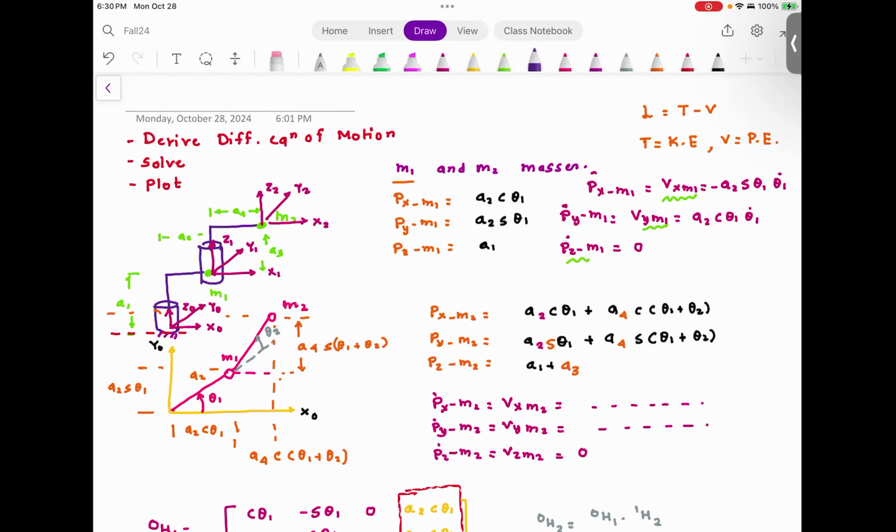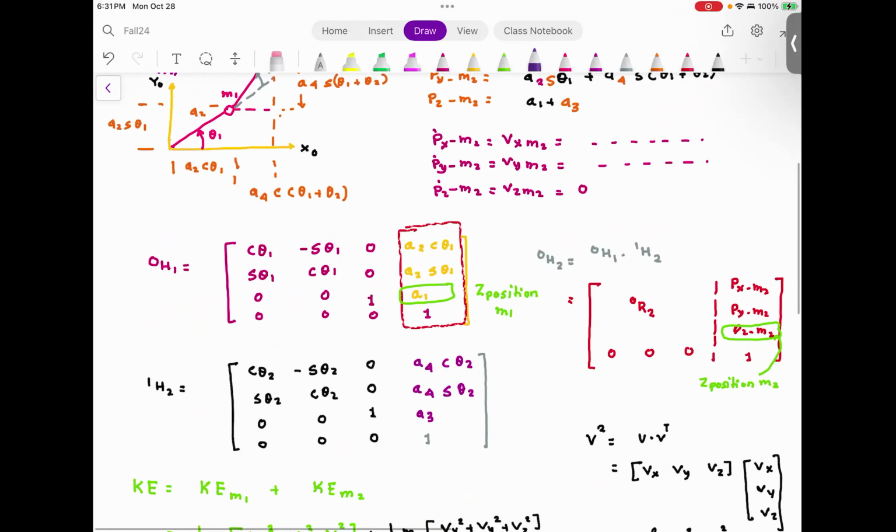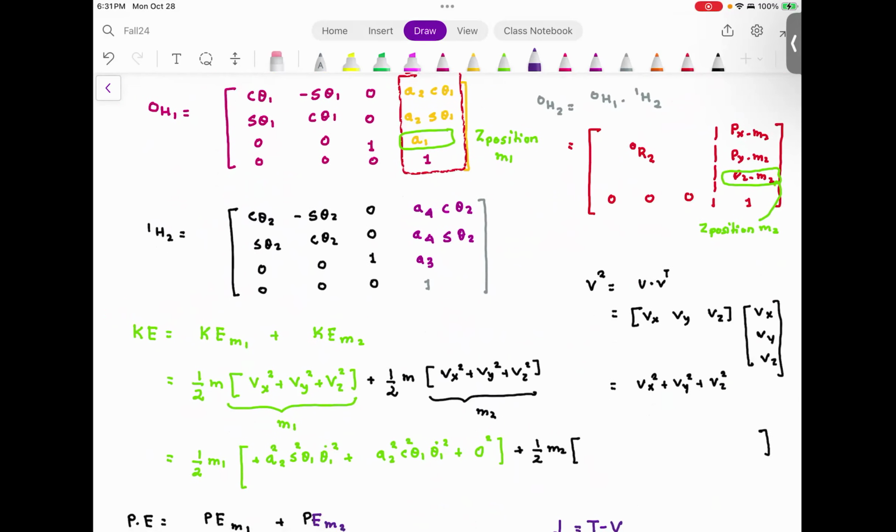Is there a specific reason that we do not use rotational motion to write the equation of motion? Yeah, the rotation will come next. Now, there are two types of kinetic energies. One is the kinetic energy of translation, and second one is the kinetic energy of rotation. In this particular problem, we are ignoring the kinetic energy of rotation because it does not matter.